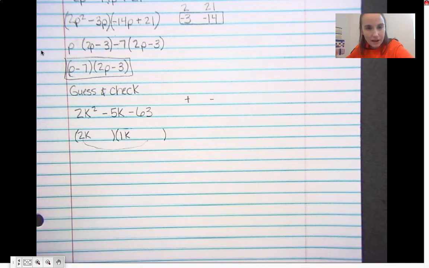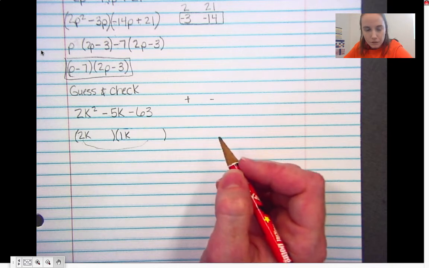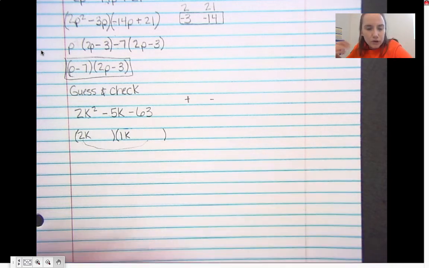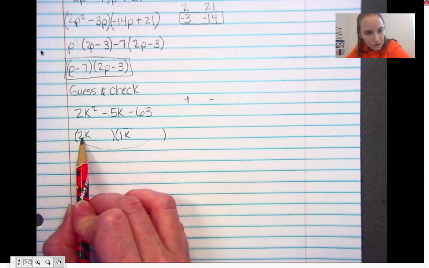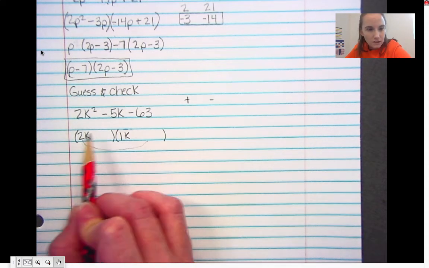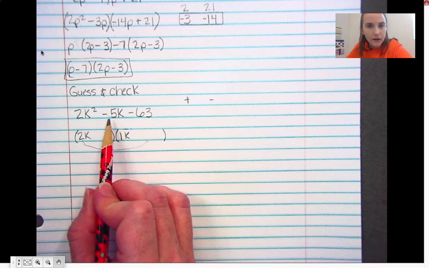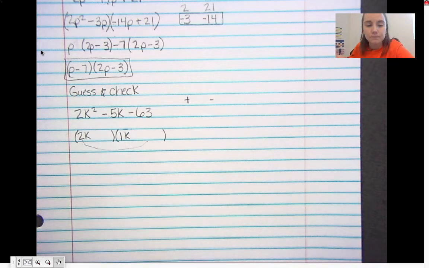So I've got to keep that in mind as I go through this process. If we just think about it, 1 and 63, those are factors of 63. But even if I multiply one of those values by 2, there's no way it's going to give me 5. So I need to find numbers that are closer together.